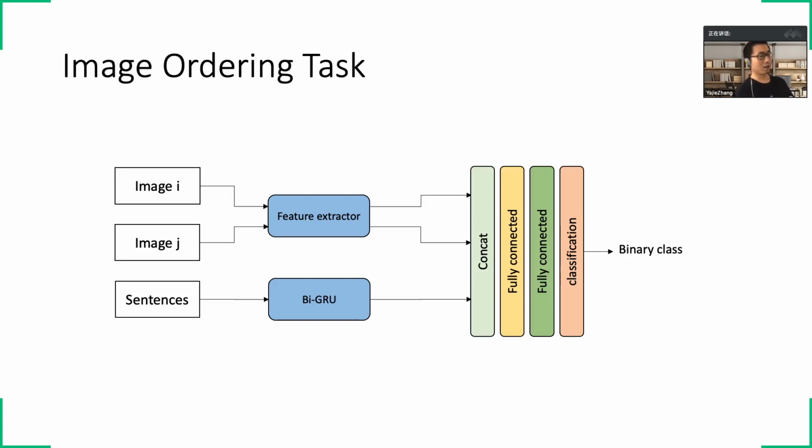We also need to mention the feature extractors of our model. For the image feature extractor, we use ResNet 18, and for the text feature extractor, we use a bidirectional GRU.